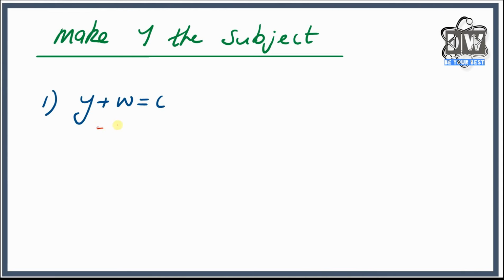I can subtract w away, and as long as I subtract w away, it will leave here and it will reappear over here in its inverse form, which is minus. So I'll have y equals c minus w. And that makes perfect sense, doesn't it? That y plus w equals c, so therefore y equals c minus w makes perfect sense.